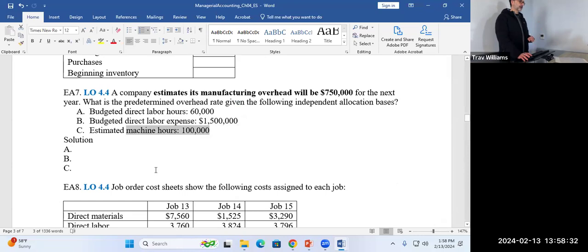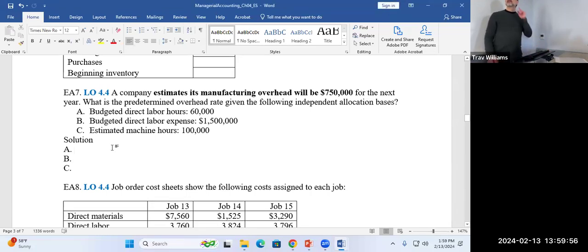Okay, any questions on what you need to do here? How are we going to do it? Divide? Yeah, exactly. So we're gonna have to take the overhead estimate of $750,000 and then divide by each activity. So go ahead and take a minute to do that.